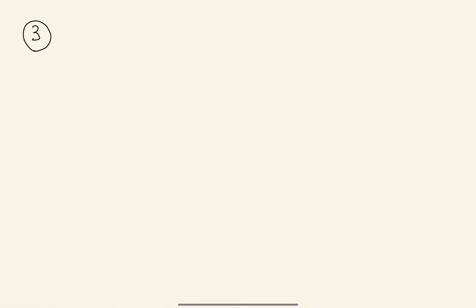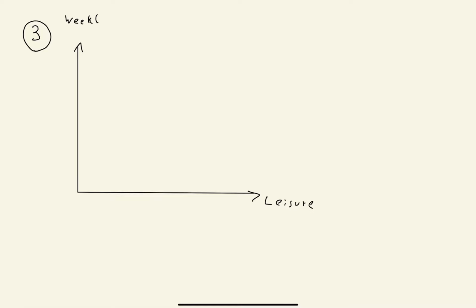Okay, so we will need a coordinate system again, which I will draw real quick. On the x-axis, we have leisure measured in hours, and on the y-axis, we have weekly consumption.